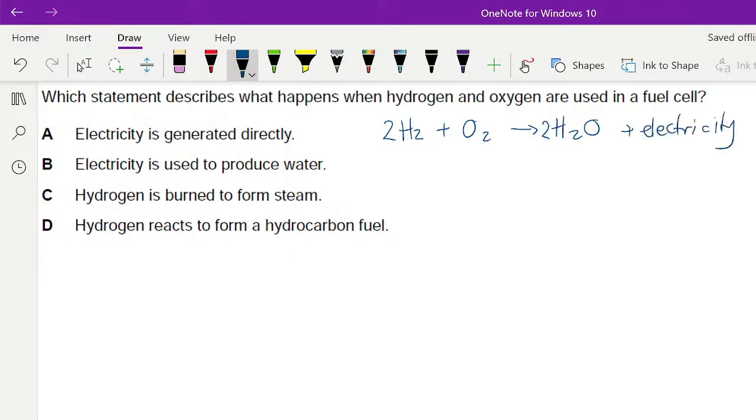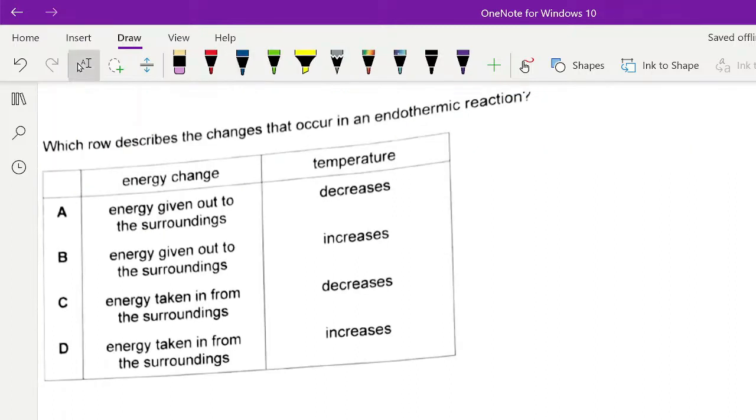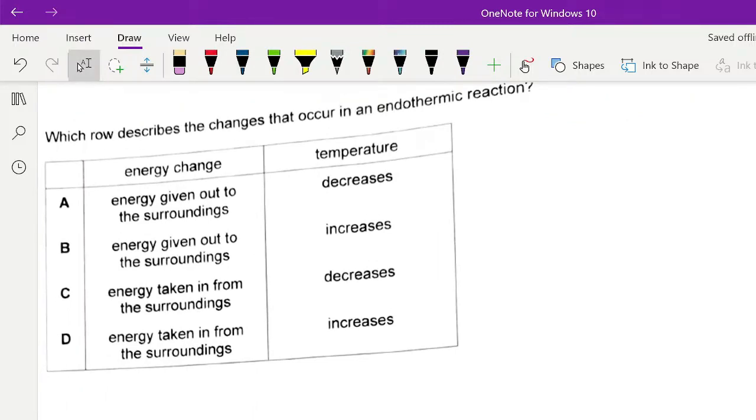Hydrogen is not burned, there is no burning in a fuel cell, and hydrogen does not react with hydrocarbon. Electricity is generated directly. Is electricity used to produce water? No, electricity is not used, electricity is produced. So answer is A.